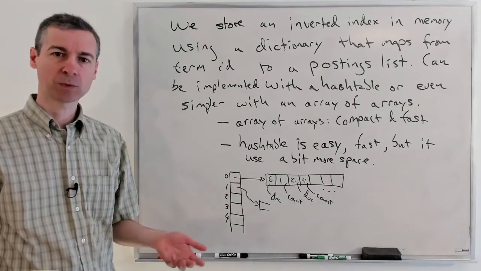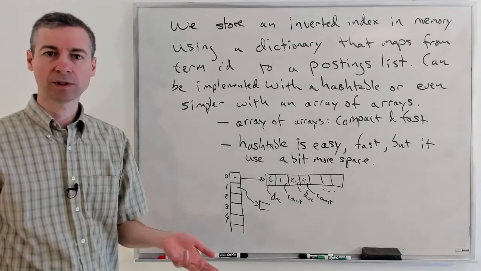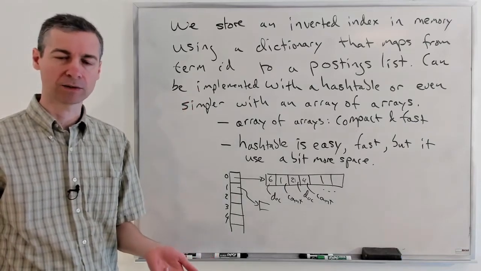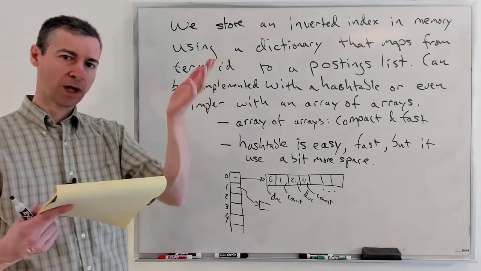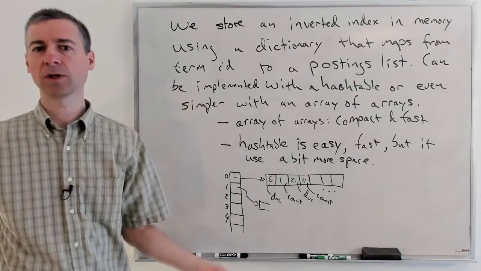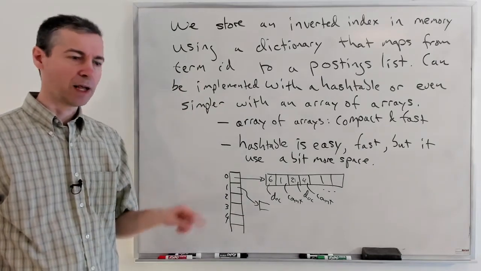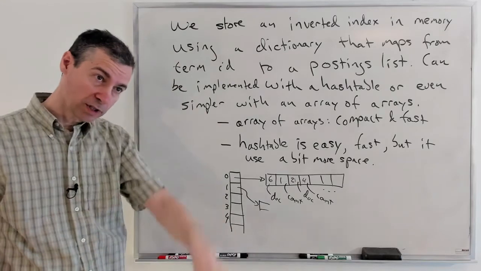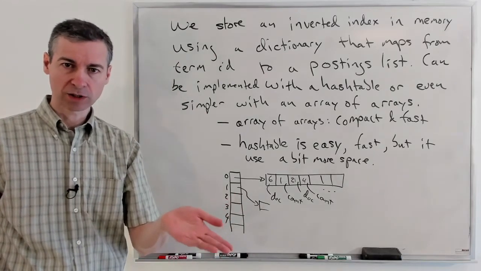And this object will have in it a term ID, and then it will have the doc IDs and counts. And then they'll just have some data structure, maybe just an array of all those objects. And then they'll write their algorithm, and they have to search linearly through all the terms to find the matching term.